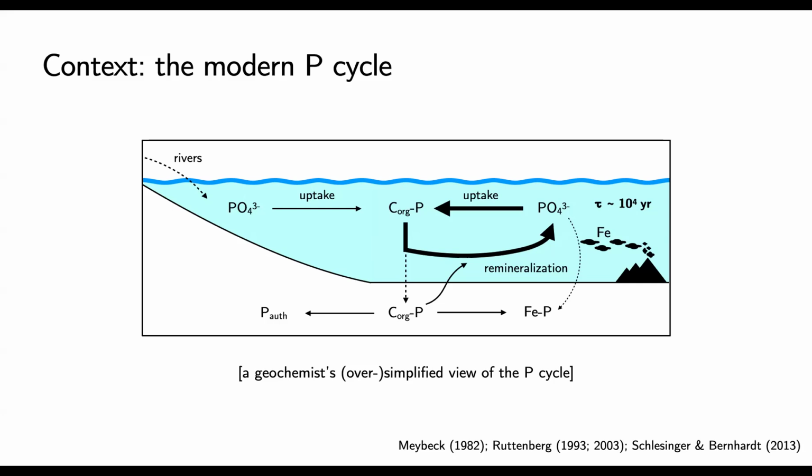I should note that there's also some non-zero amount of removal, not just from the organic burial or export production flux, but also from scavenging onto things like iron oxide minerals. And so that's shown here proximal to a hydrothermal source, because today that's the only place where we really see much of this occurring.